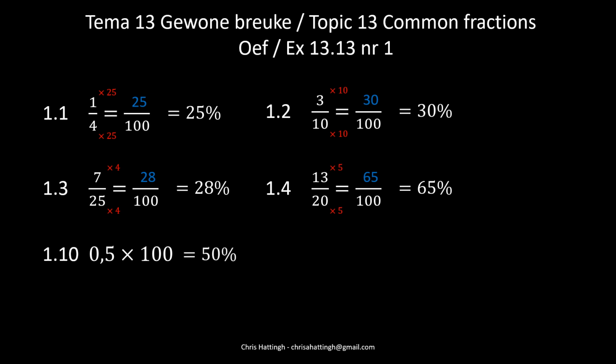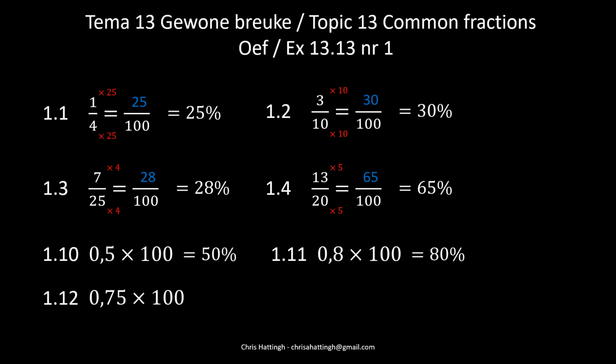You're going to multiply the decimal by 100 to get a percentage. So 0,5 times 100 will give you 50%. 0,8 times 100 will give you 80%. 0,75 times 100 will give you 75%.